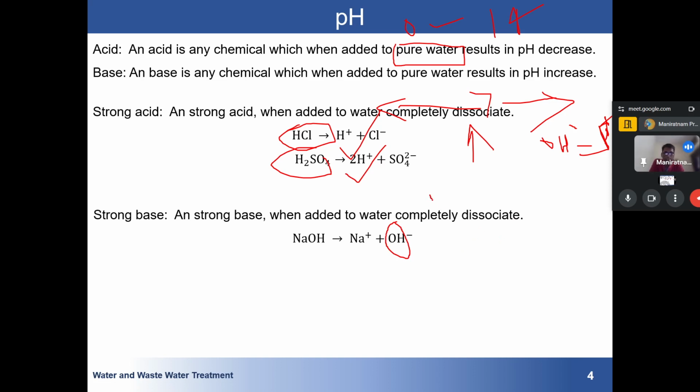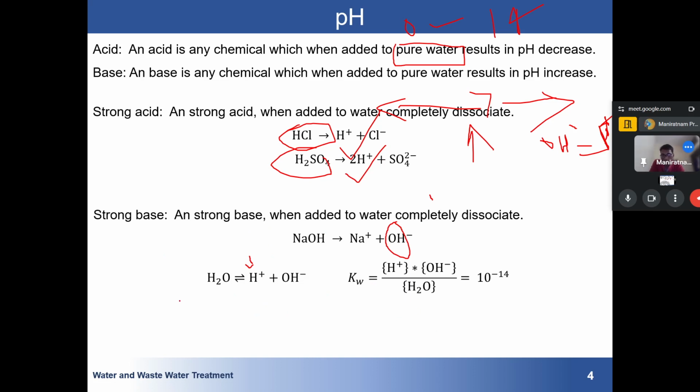We know that H2O is in equilibrium, so as OH- concentration increases, H+ concentration will decrease. So by addition of acid, we increase H+ concentration, and by addition of base, we decrease H+ concentration. I hope this is clear to you.